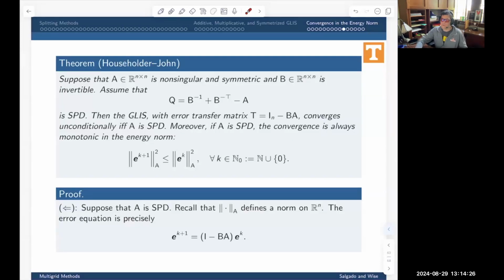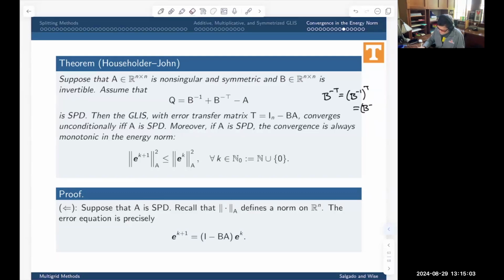So now we want to prove a similar result, but using a different Q matrix. So the Q matrix in this case is going to be this one. Q equals B inverse transpose minus A. And by the way, just in case I failed to mention it, what is the definition of B inverse transpose? Well, it's either the inverse of the transpose or the transpose of the inverse.